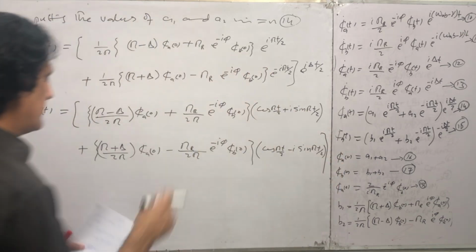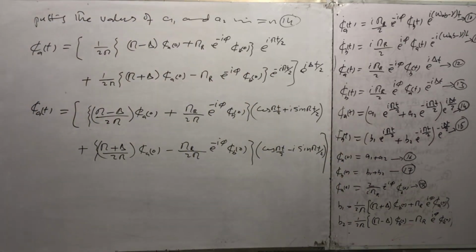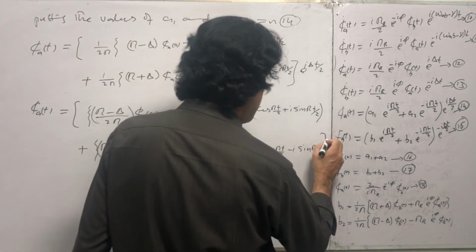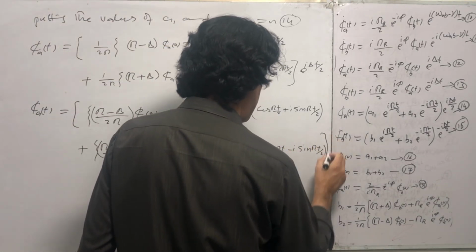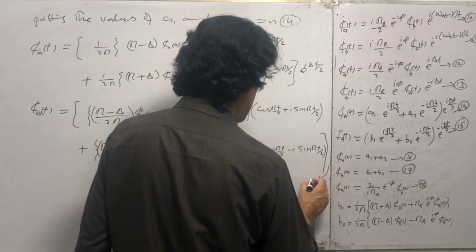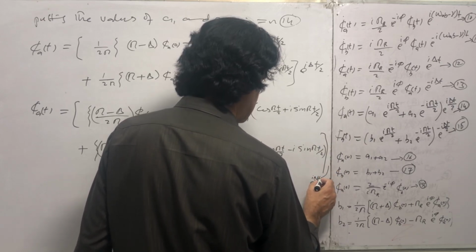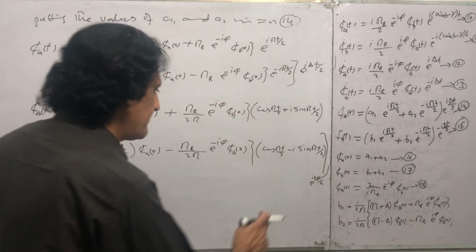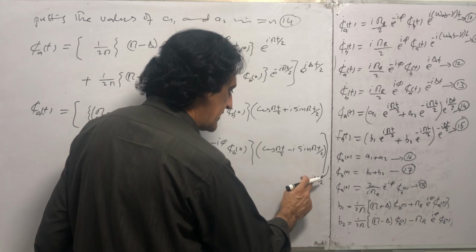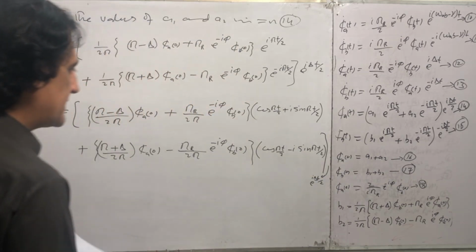So here in multiplication we have iota e to the power iota delta t divided by 2.